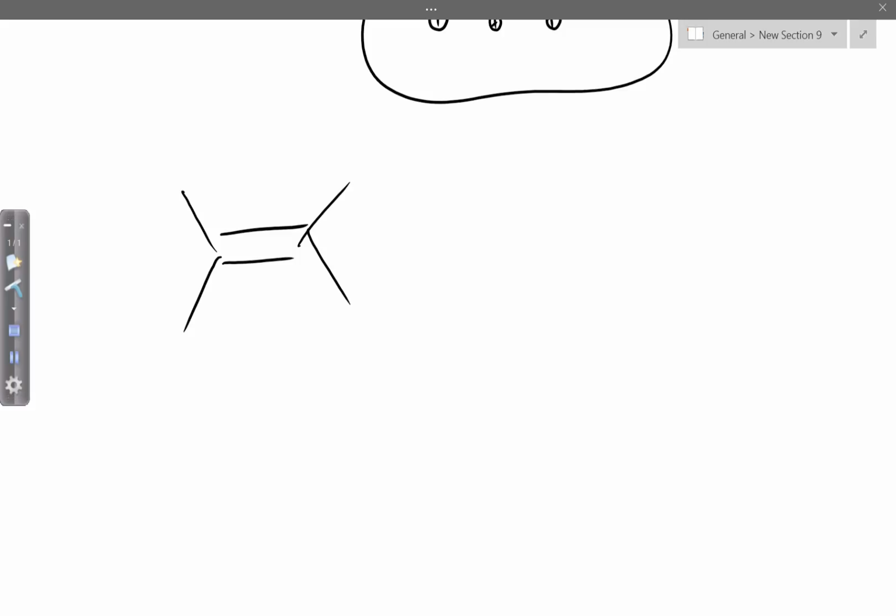Example 2. How many sigma and pi bonds can be found in this molecule? Pi bonds first. How many pi bonds are there? Because pi bonds are more tricky.